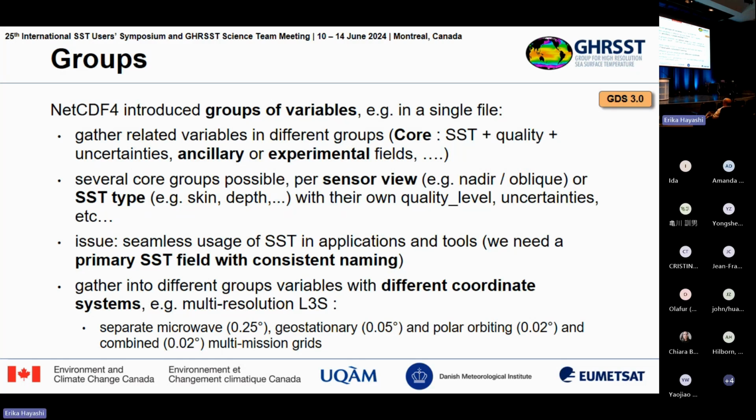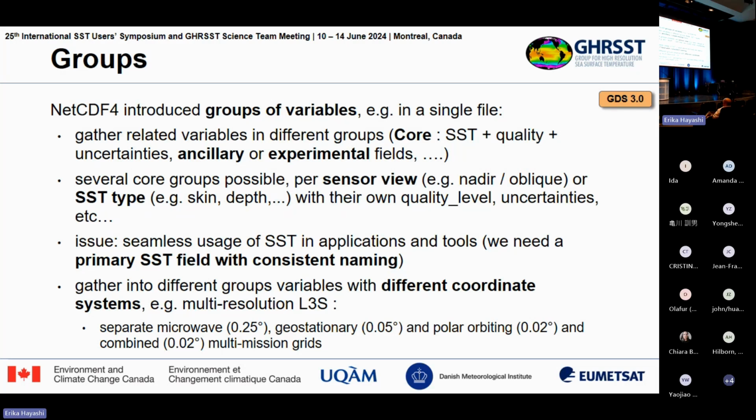For instance, it can be a purely cosmetic way to put together variables that are strongly related to each other. Like in a core group, we could put the SST together with associated quality and uncertainties, while the ancillary fields like met fields and so on, or experimental fields, would be in other groups. So that's one use case.